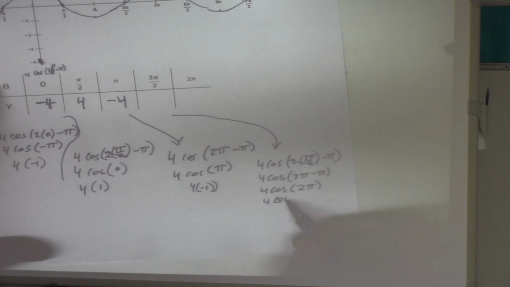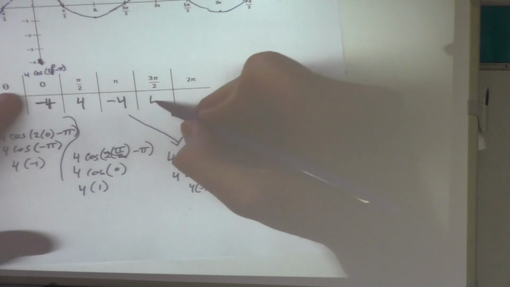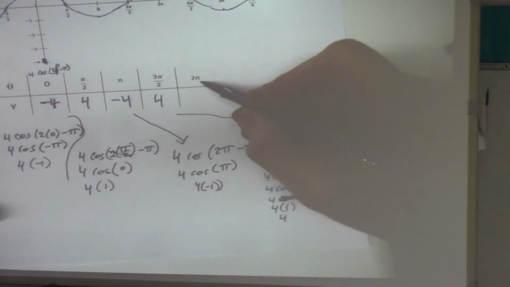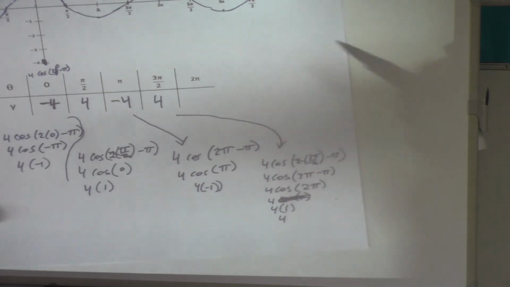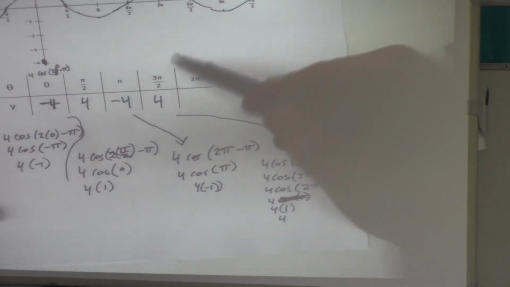And 2 pi is the same as at 0, so the cosine there is a positive 1. Oops, I shouldn't write cosine of that, I should write 4 times 1, and so that's a 4. Negative 4, 4, negative 4, 4. I think we're going to see the same thing here, because if I put 2 pi in here, well, in fact, it's 4 pi, so let's go ahead and do it.